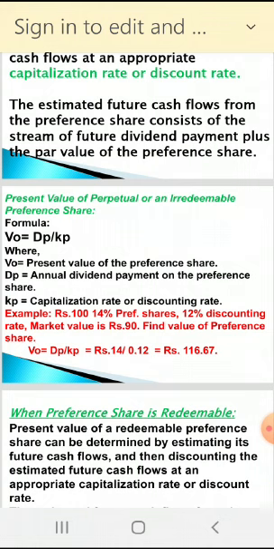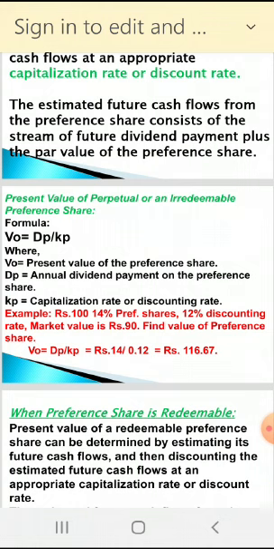Dividend payment will come in rupees. Suppose 12% on 100 rupees, so here we write rupees 12, divided by KP, the capitalization rate or discounting rate. Is it clear?